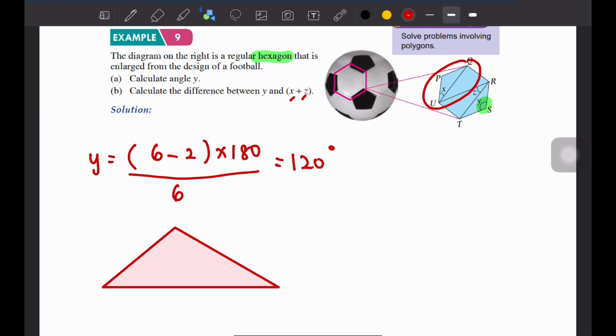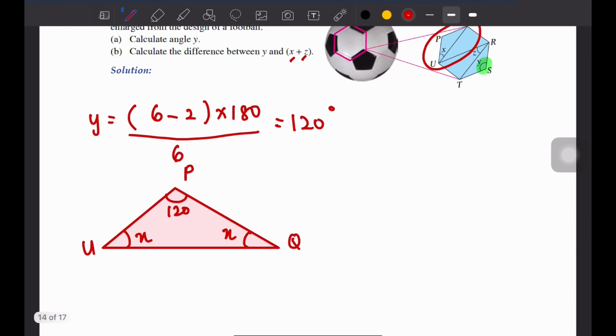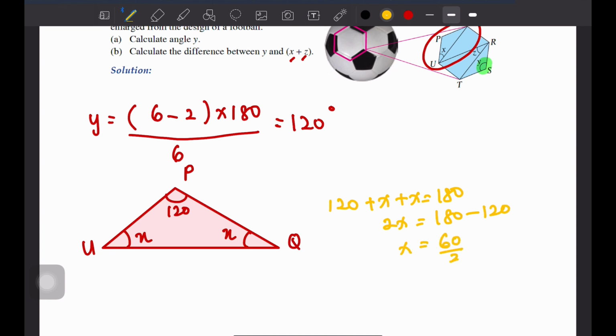So we have P, Q, U. This is x, this is x, this is 120. So over here we have a triangle, and a triangle is 180. So 120 plus 2x is 180, so 2x is equal to 180 minus 120. So x is equal to 60 divided by 2. x is equal to 30.